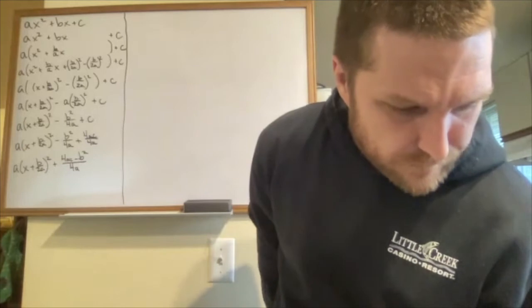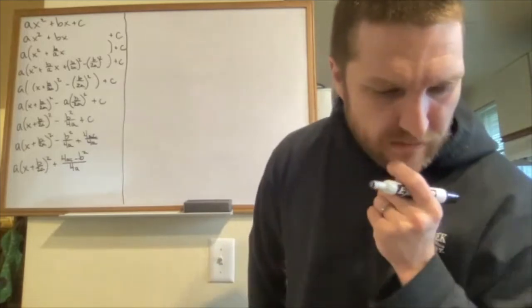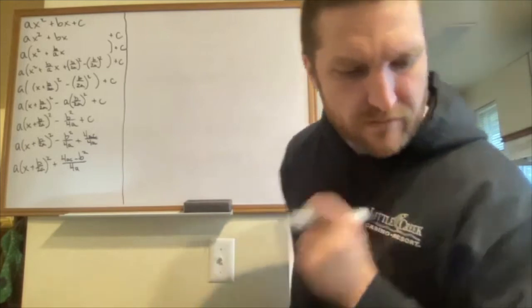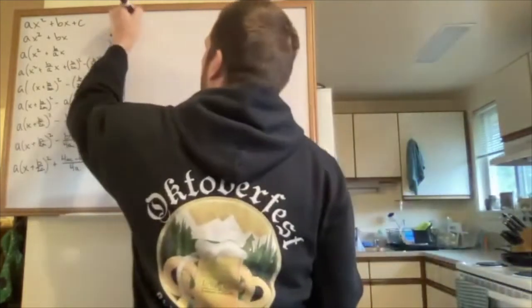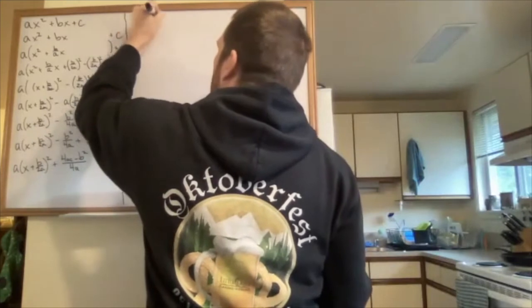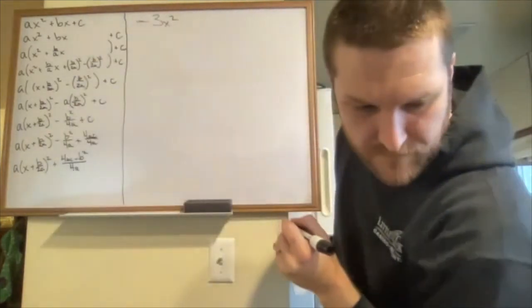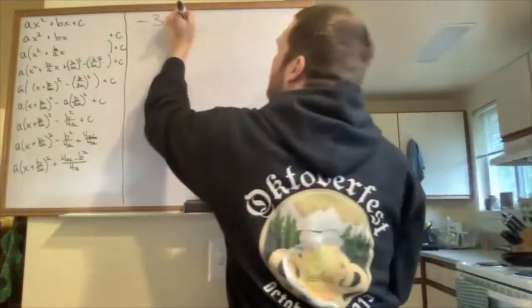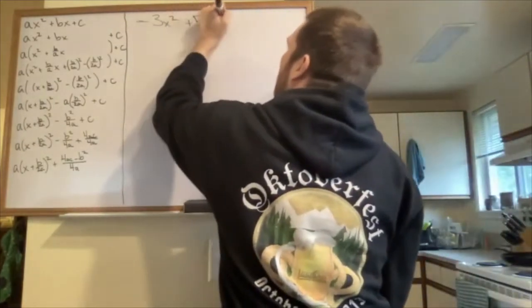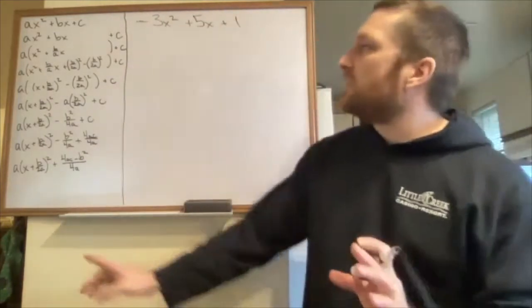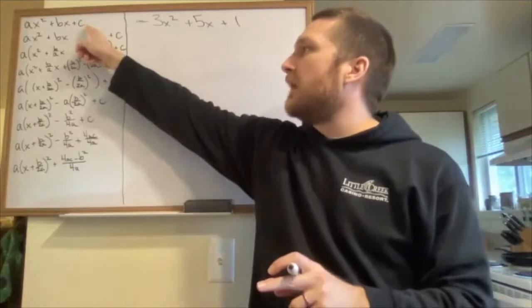So let's do, oh, I knew what I wanted and then I forgot. So how about we'll do 3 and 5, minus 3x squared plus 5x plus 1. Have you noticed yet that this number really doesn't matter?